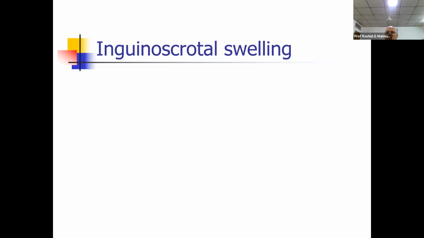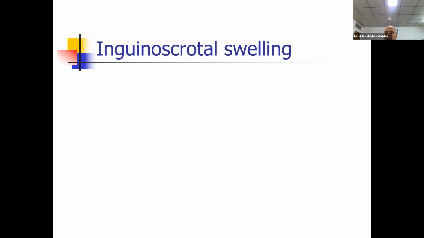If that process does not work, it causes undescended testes, or mal-descended testes. So inguinoscrotal swelling mostly depends on the congenital descent of the testes, whether undescended or mal-descended.